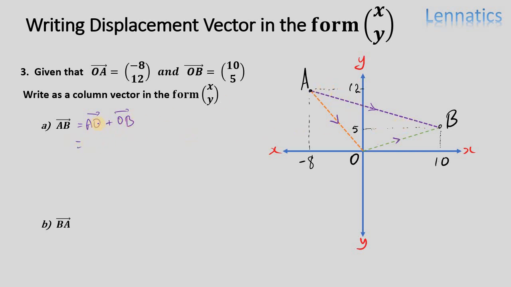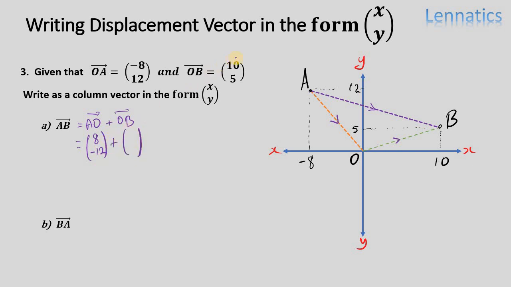Now AO is the opposite direction to OA, which means instead of going 8 units to the left, we go 8 units to the right, and instead of going 12 units up, we go 12 units down. OA is negative 8, 12, so AO will be the same numbers but with different signs.